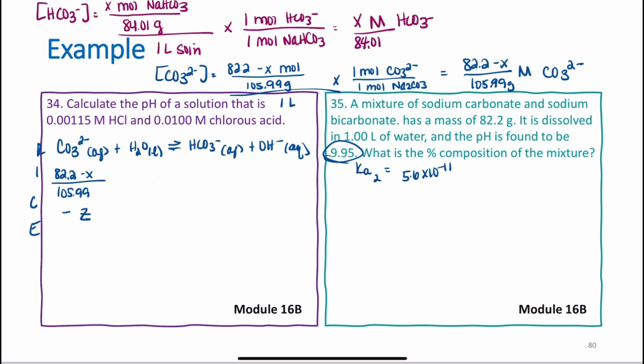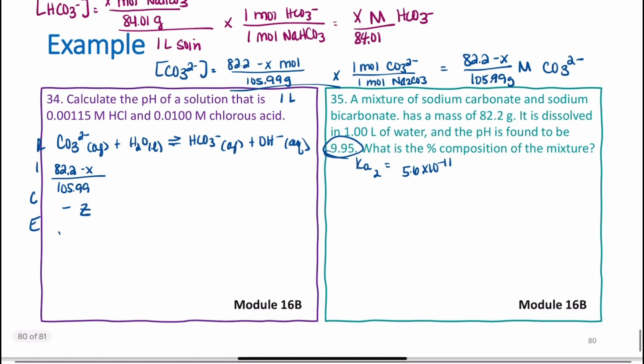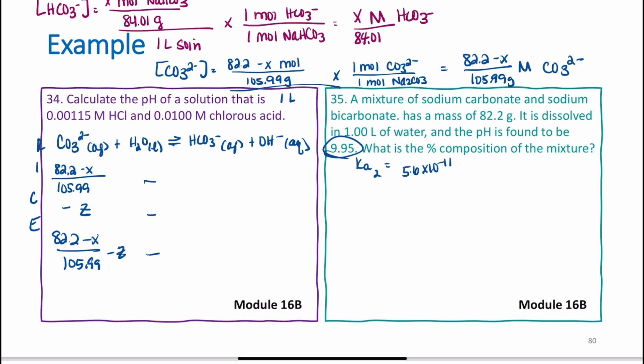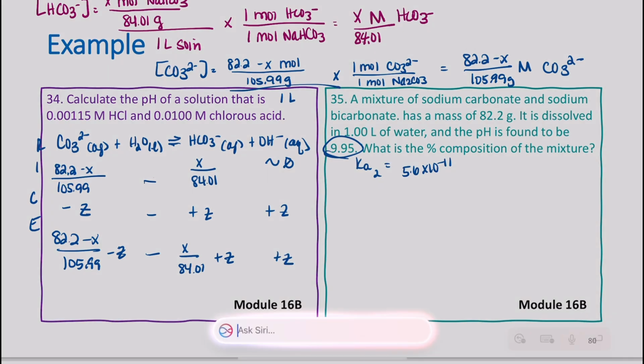I'm going to write a Z here for a different letter because we have X already. 82.2 minus X over 105.99 minus Z. Here I have X over 84.1 plus Z. And I have approximately no hydroxide plus Z plus Z.